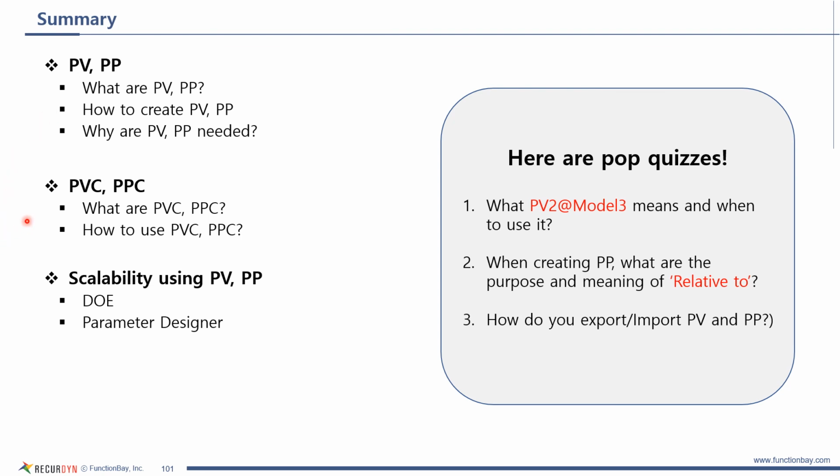What are PVC and PPC? How to use PVC and PPC? Lastly, I briefly introduced the scalability using PV and PP, DOE and Parameter Designer. The seminars regarding DOE and Parameter Designer are currently at a preparatory stage. Please watch them for more details.